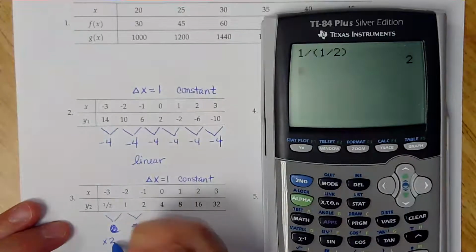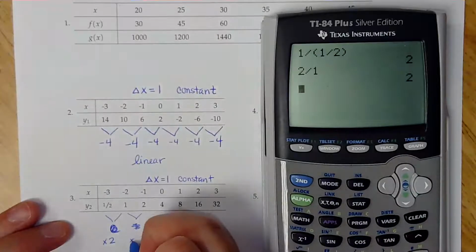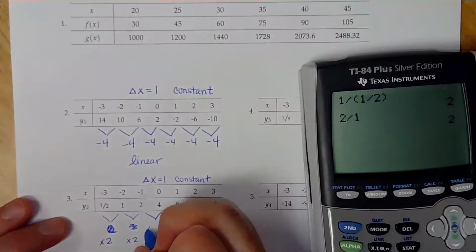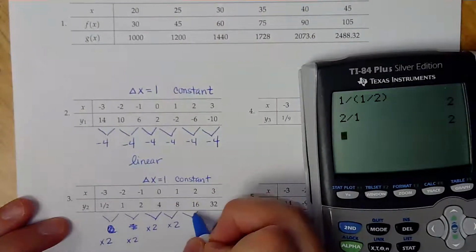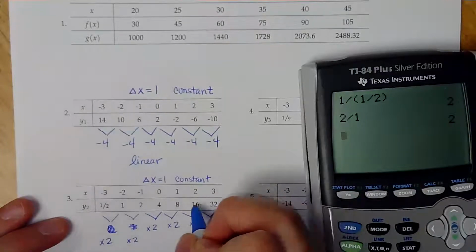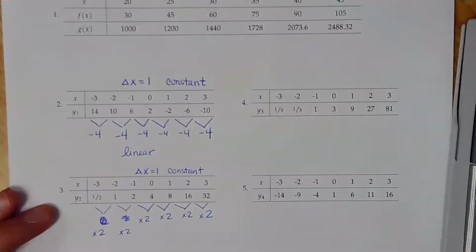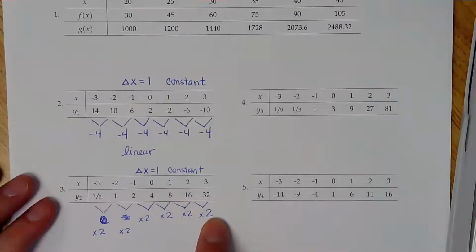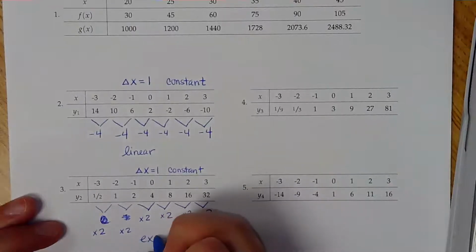So it looks like we multiplied by 2. 2 divided by 1 is 2. 4 divided by 2, I can do that one in my head, that's 2. 8 divided by 4 is 2. 16 divided by 8 is 2. And 32 divided by 16 is also 2. So we multiplied by the same thing all the way across to get from one y value to the next. So our ratio was constant, which means that this could potentially be exponential.